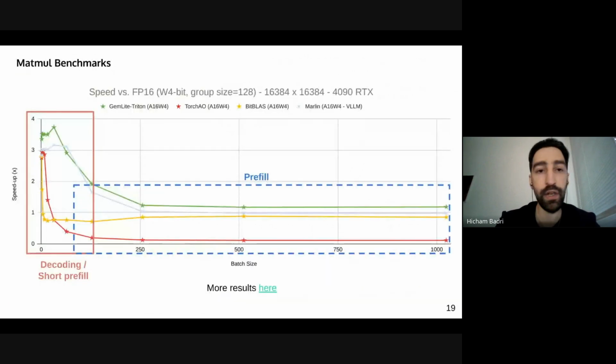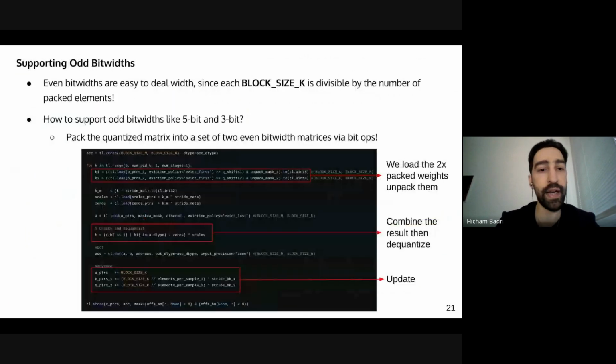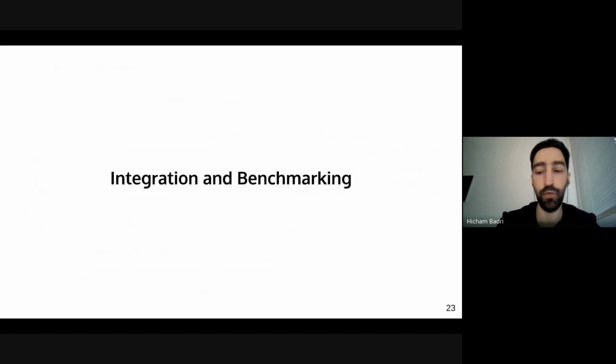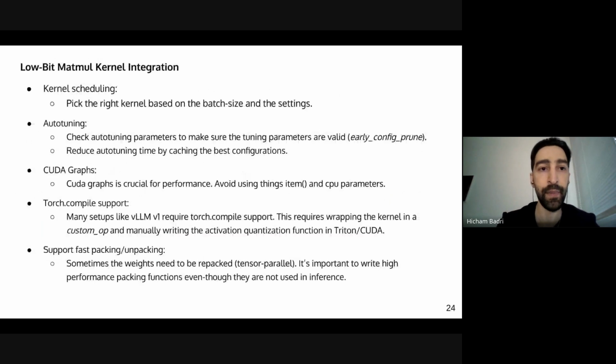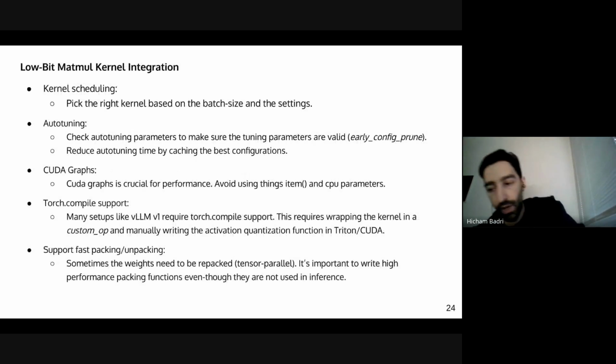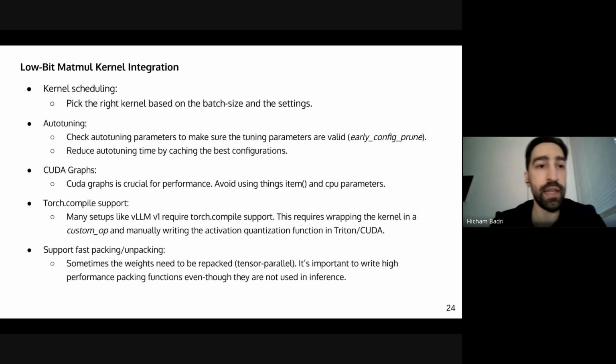Now we are going to talk about how to make this work with end-to-end inference, because just writing the kernels alone is not enough. You need to do some other stuff. The first thing, as I said, is kernel scheduling. You need to pick the right kernel based on the right batch size and the right settings.